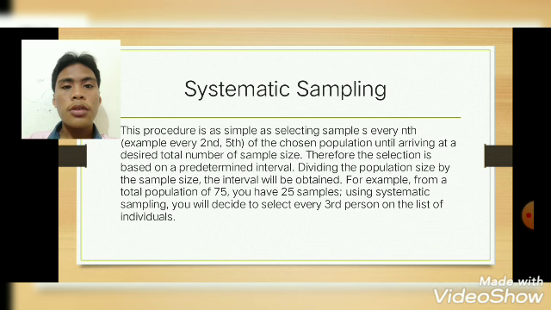By dividing the population size by the sample size, the interval will be obtained. For example, from a total population of 75, you have 25 samples. Using systematic sampling, you will decide to select every third person on the list of individuals.